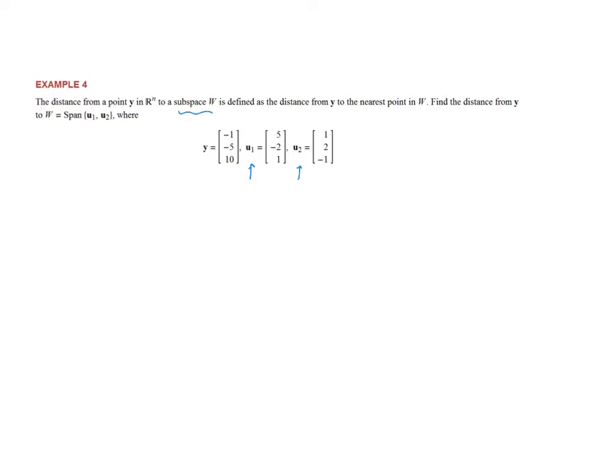We're defining distance to be the nearest point in that subspace W. So basically, the setup is saying that we need to use Theorem 8 and find the length of y minus y hat. So by Theorem 8, the length of y minus y hat is the distance from y to W.